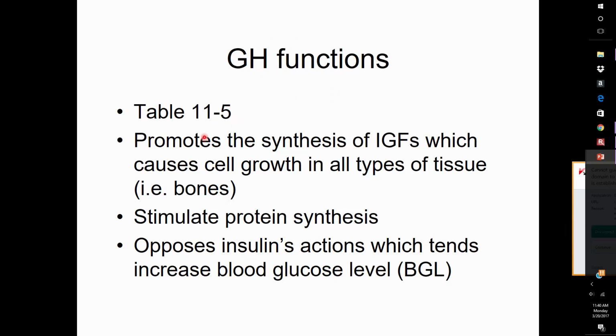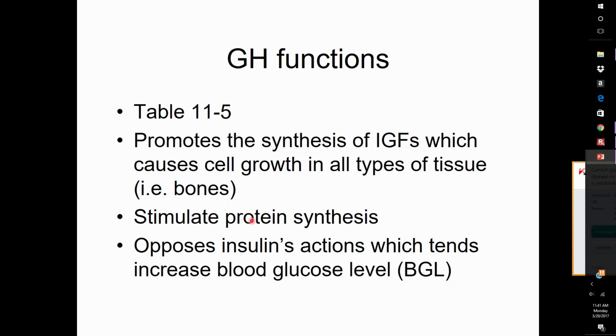Growth hormone goes to tissue types. One place is the liver, and another important place is the bones, and causes the synthesis of insulin-like growth factor. Insulin-like growth factor is what we call a mitogen. In other words, it causes cells to divide. So you have cells growing in number, and then that causes the tissues to grow.